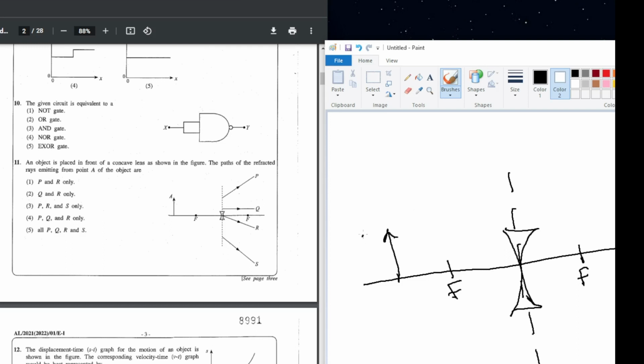This is the point A. If a ray comes parallel to the principal axis, it will refract as if coming from the focal point. So this is the ray P given in the paper. And if a ray passes through the center, it will go without deviation. So that is R.